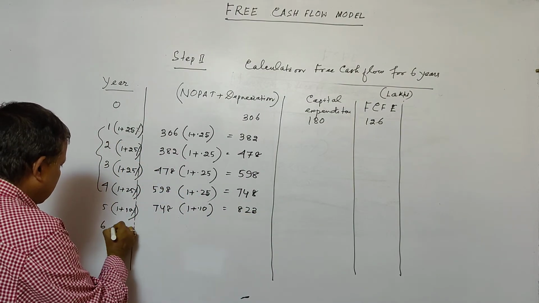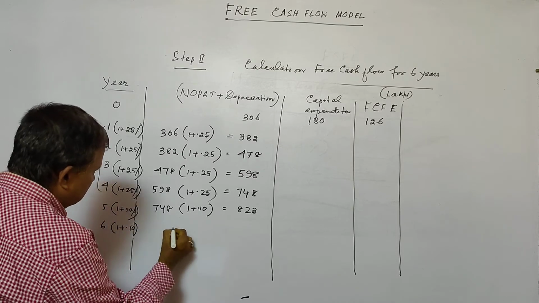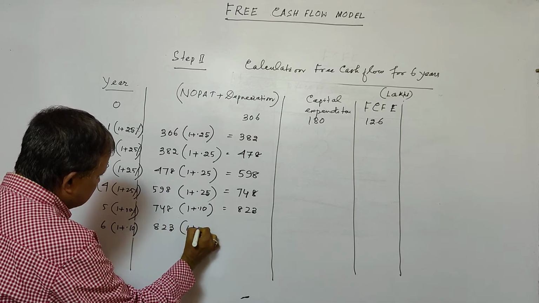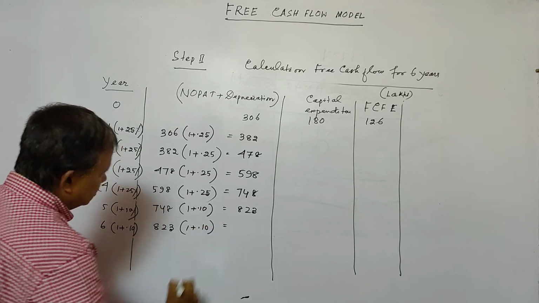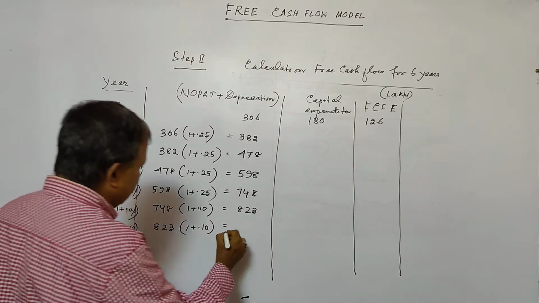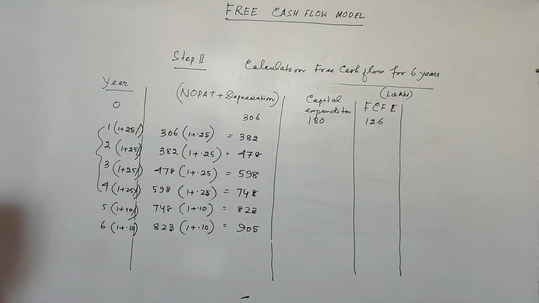Then again 1 plus 0.10, 823 times 1 plus 0.10, so friends, it will come to 905. So these are the cash flows for 6 years.